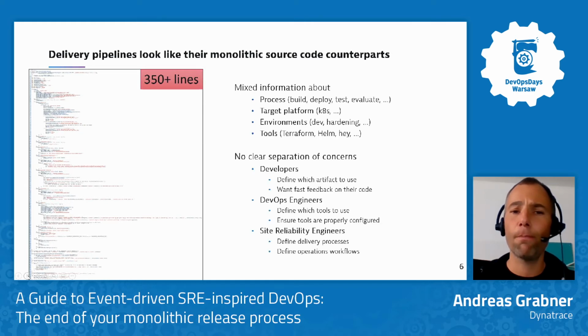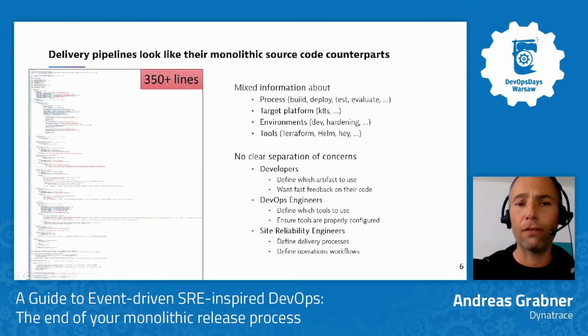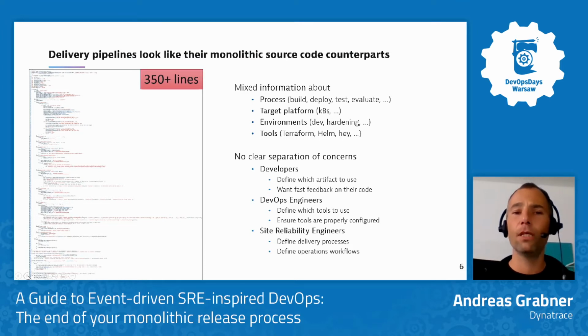But the problem with many of these tools, and I'm not generalizing, not saying that every tool has this problem, is that in most delivery tools these days, you have mixed information about the process and the tooling, about where your target environment is and how you deploy. It's mixed information, like a big monolith where everything is cobbled together. And there's no clear separation of concerns between process definition and the tools that actually do the work. This is already one issue.